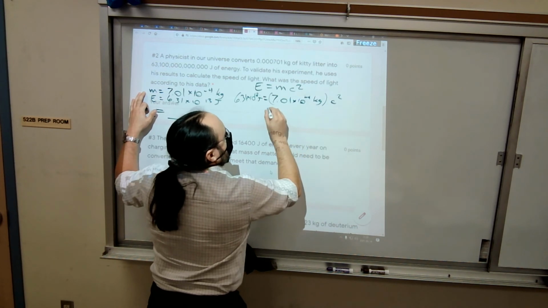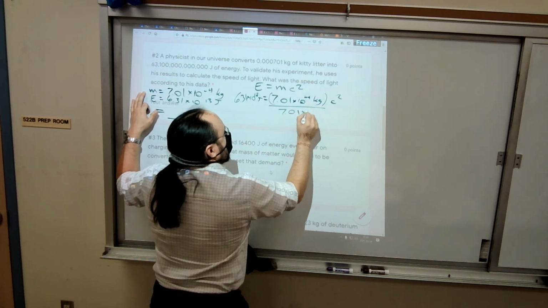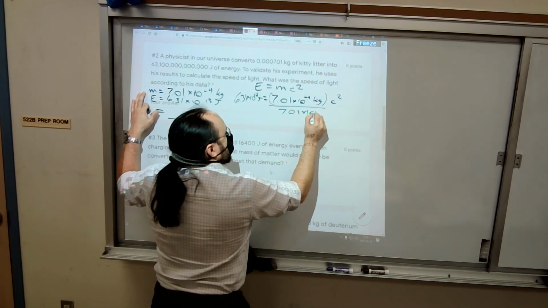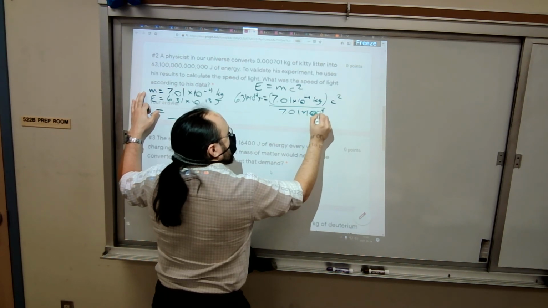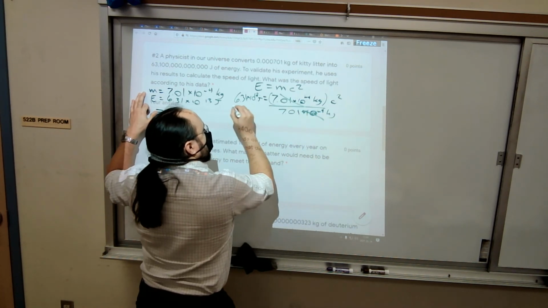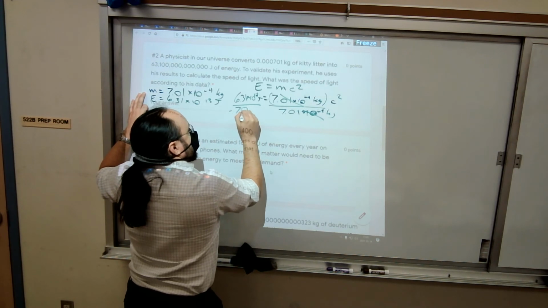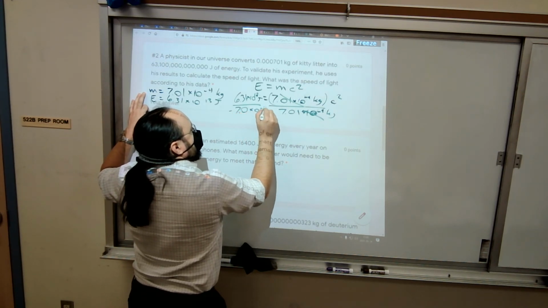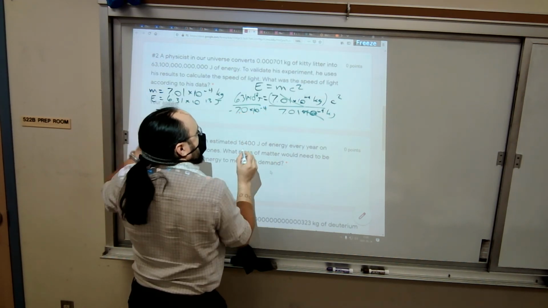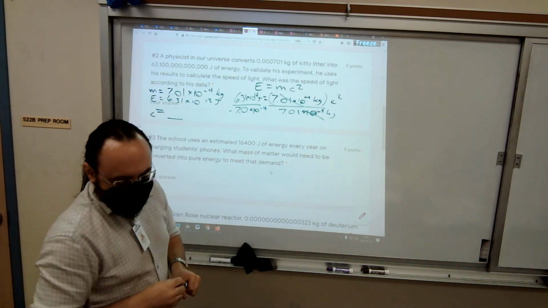And I'm trying to find c², so if I divide both sides, the mass cancels. And if I do that, what do I get for c?